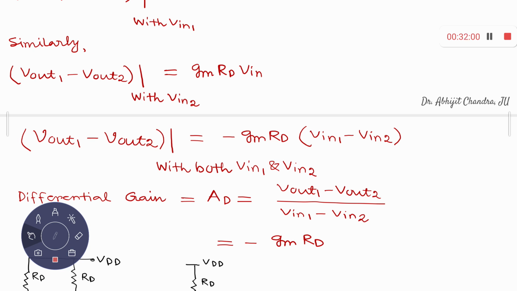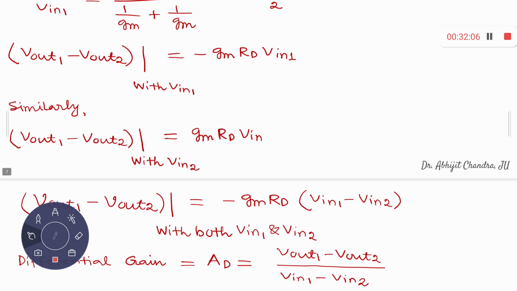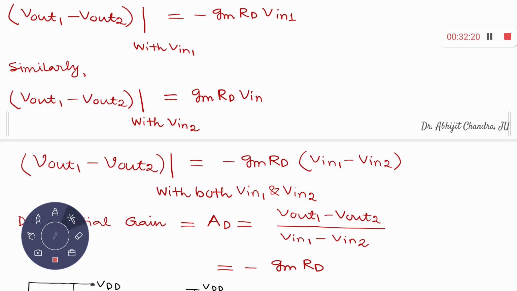If we apply the theorem of superposition, when V in 1 is acting alone, it is minus GMRT V in 1. When V in 2 is acting alone, then GMRT V in 2. So when both of them are acting, that is minus GMRT V in 1 plus GMRT V in 2, that means minus GMRT within bracket V in 1 minus V in 2. So what is the differential gain, V out 1 minus V out 2 upon V in 1 minus V in 2?